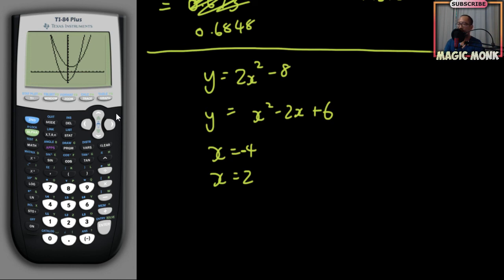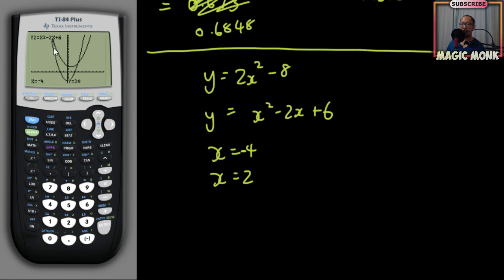Okay, so what we're going to do is we realize that when x is negative 4, on one of the equations y equals 24, and on the other equation it's 30, so they're not touching.